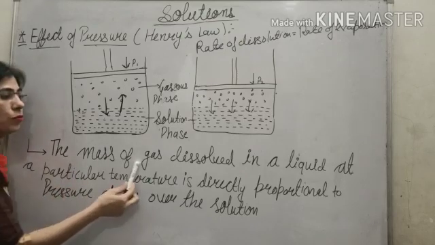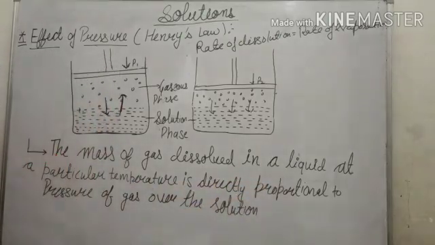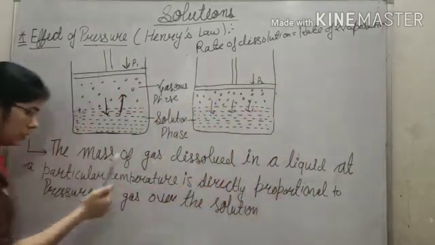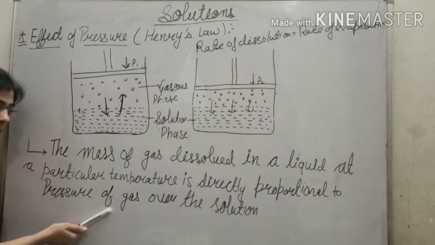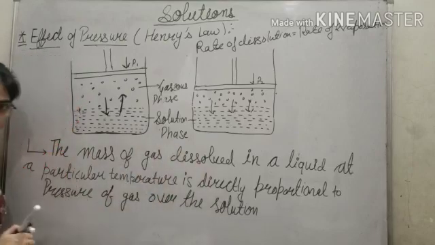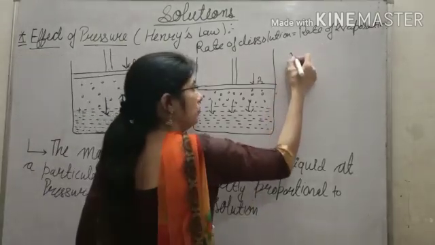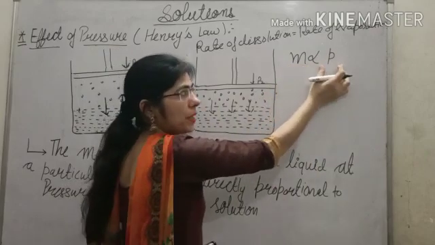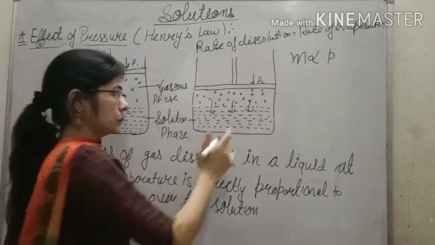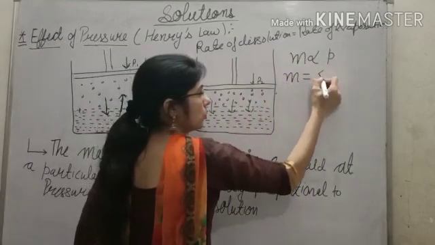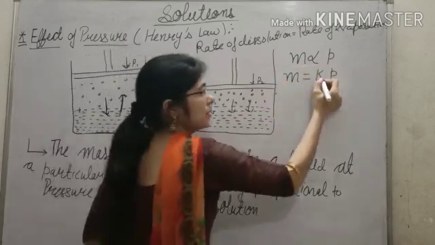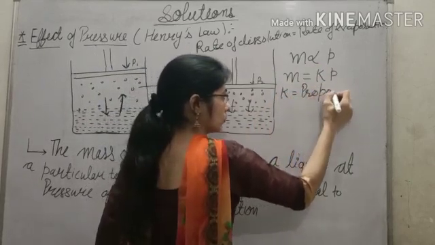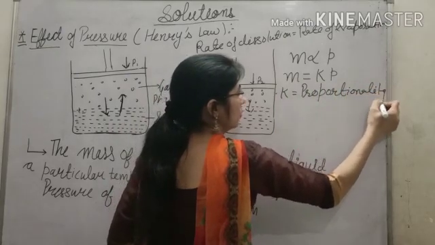According to this law, the mass of gas dissolved in a liquid at a particular temperature is directly proportional to the pressure of the gas over the solution, and mathematically M is directly proportional to P. M is the mass of gas dissolved and P is the pressure over the gas, and M is equal to K into P, and K is a proportionality constant.